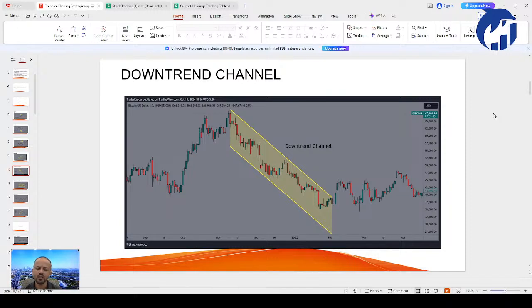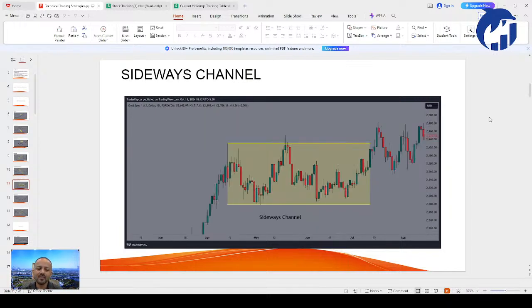All right. A downtrend trend line duplicated onto the opposite side creates a downtrend channel. And as I had mentioned about sideways movement, now you have a sideways channel, right? Sideways channel and sideways trend line, they kind of resonate together, right? Two trend lines going sideways and price is just between the two.